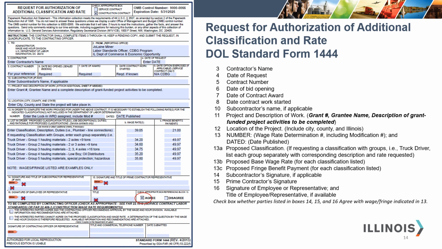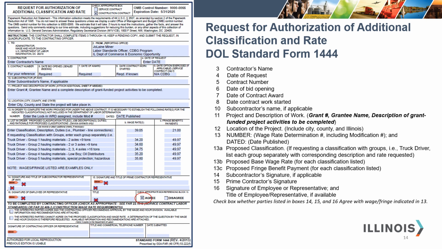The top center box should always be checked as construction contract. Field 1 is always addressed to the administrator at the Wage and Hour Division, U.S. Department of Labor.